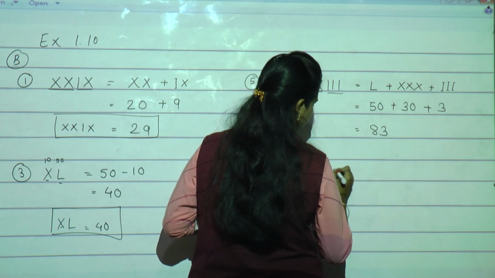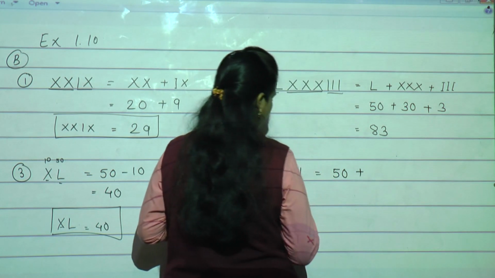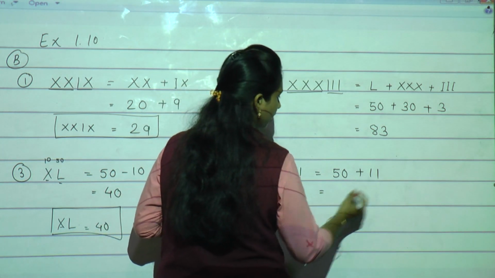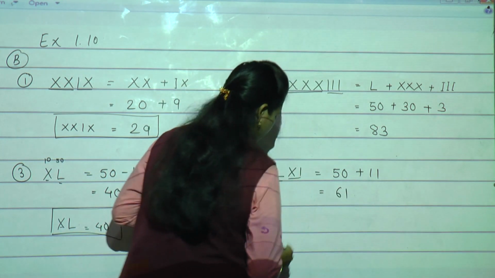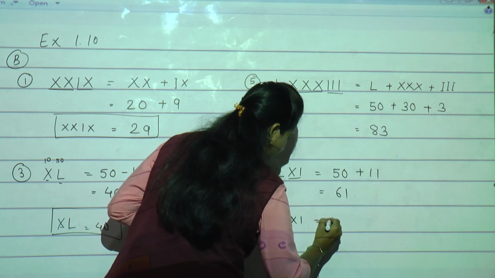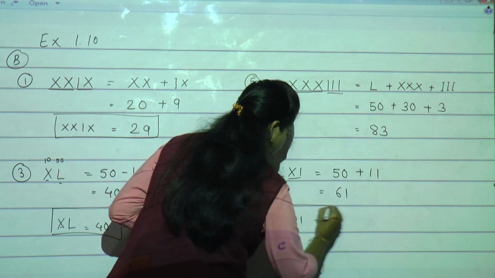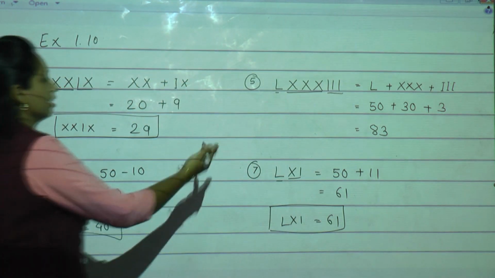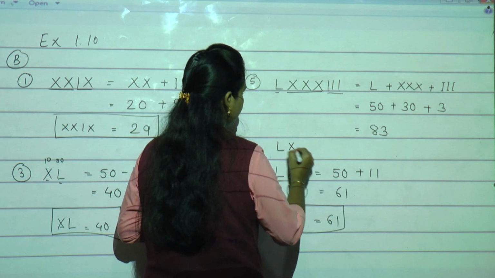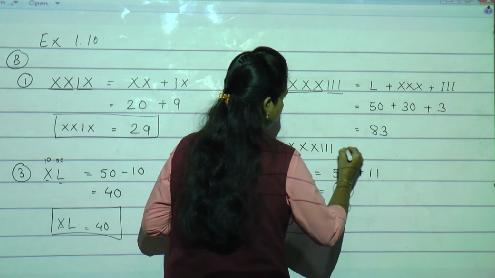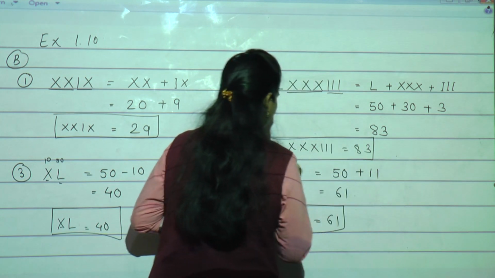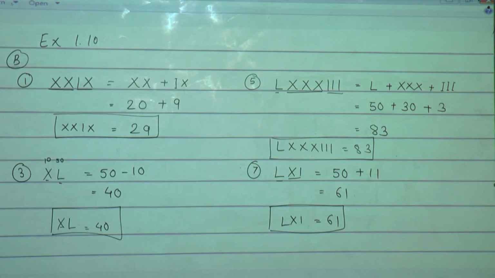So I'll write L represents 50 and XI represents 11. When we add together, we get 61. So what is the answer? LXI is equal to 61. In this way you have to write. Here I forgot again. Let me complete this question. Write once again and just draw one nice box. Your representation will be good.